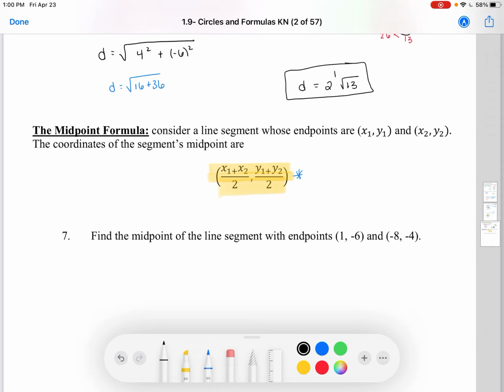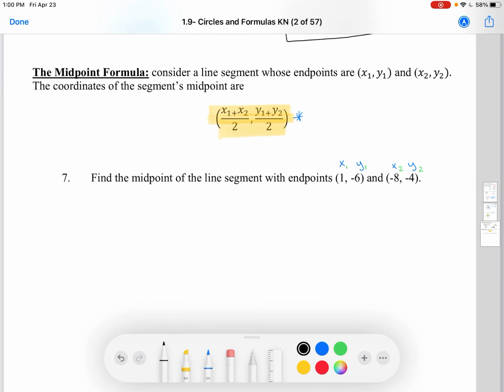Okay, same rules apply. We can label each x1, y1, x2, y2. Again, if it's the first one that shows up, let's call it x1, y1. And if it's the second coordinate that shows up, let's call it x2, y2.